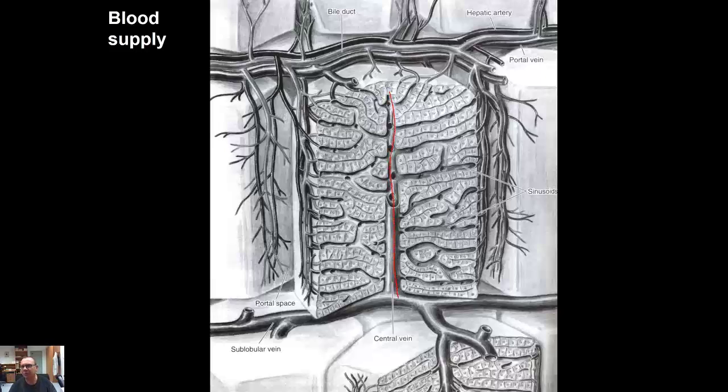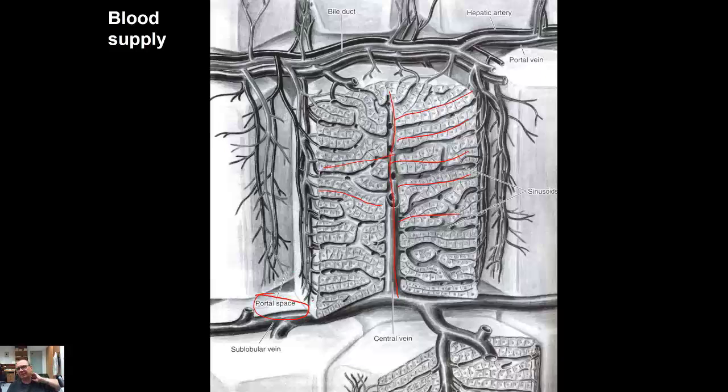Now in longitudinal section, hepatic cords are going radially towards this vein, and when we look at the periphery of the lobule, we can find vessels which are supplying our lobule. These vessels situated at the periphery are found in the so-called portal space.